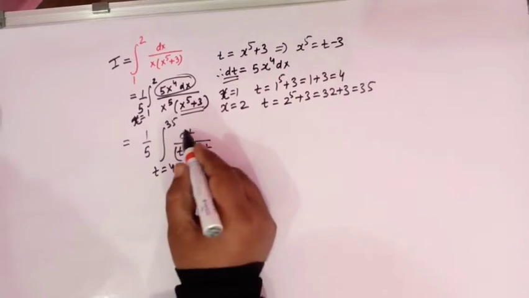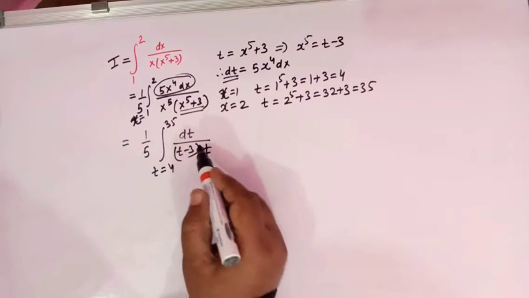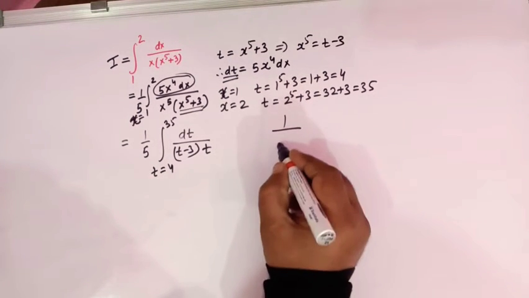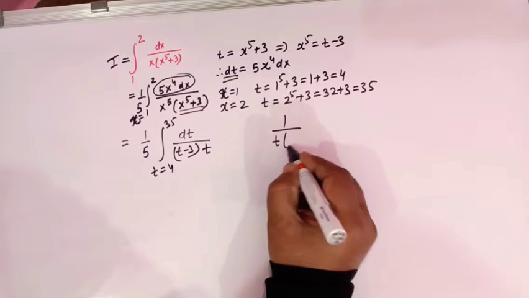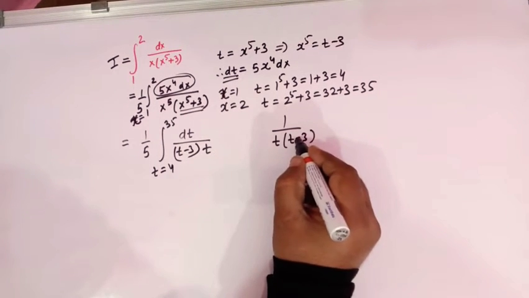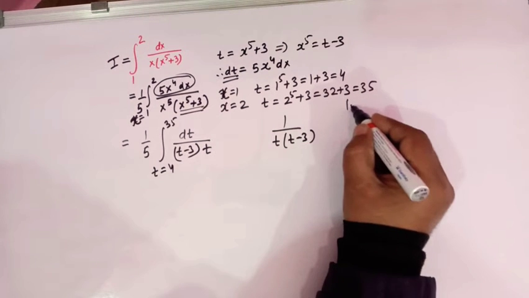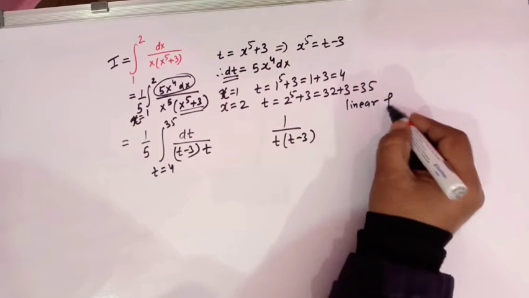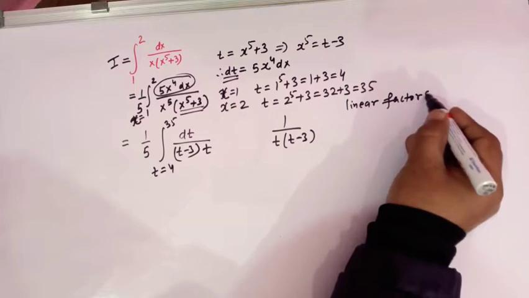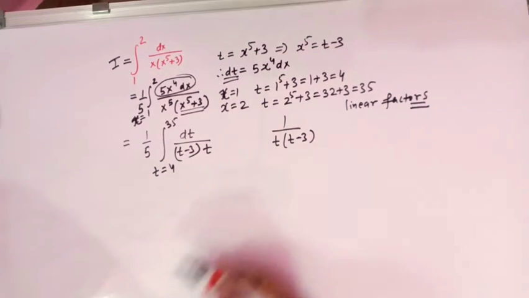So now the integrand is reduced to 1 over t times (t minus 3). Now this is a combination of linear factors, so we can now use the method of partial fractions.